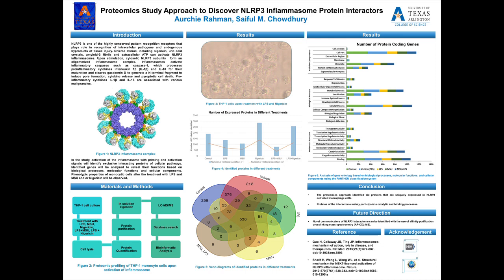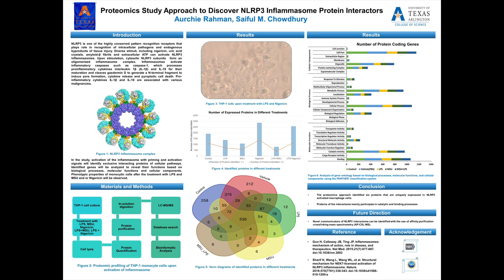When we did the quantification of the identified proteins, we saw there were around 3,000 proteins expressed in the nigericin treated cells, and there were around 2,500 protein IDs in the LPS and nigericin treated cells. When we created Venn diagrams, it helped us to identify which proteins were commonly expressed in some treatments and which proteins were exclusively expressed in some treatments.